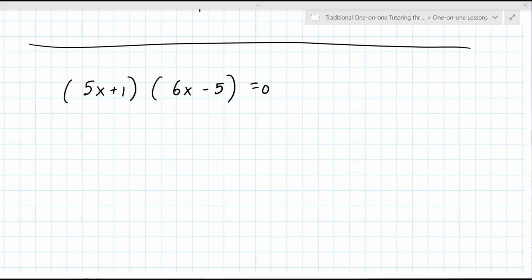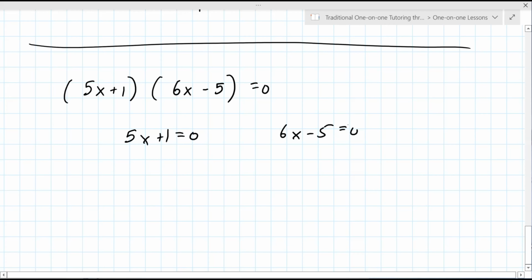5x plus 1 equals 0. And you add 1 to 1 and 0 on the other side.